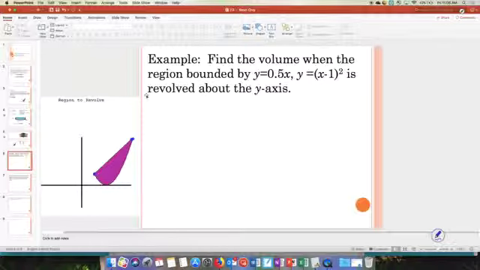Before we do anything, let's go ahead and figure out what our intersection points are. We're talking about x squared minus 2x plus 1 being equal to 1/2 x. Or x squared minus 3/2 x plus 1 equaling 0.